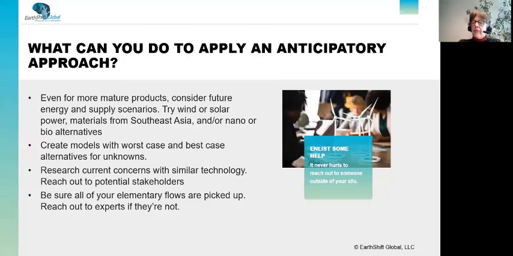And there are lots of ways that you can get started on it. So even for mature products, you may want to look at what the future is going to be. What is the future energy mix going to be? What are your suppliers going to be doing? Where are your suppliers going to be? Let's anticipate future changes.